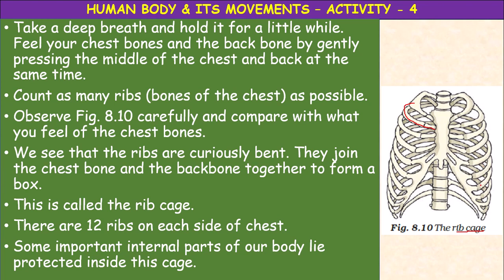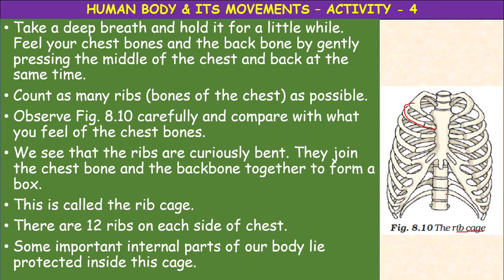Some important internal parts of our body lie protected inside the rib cage. So tell me, what are the organs which are present inside the rib cage? Yes, heart and lungs, the most vital organs.